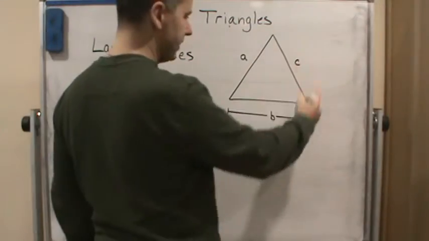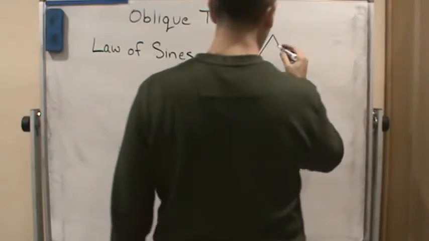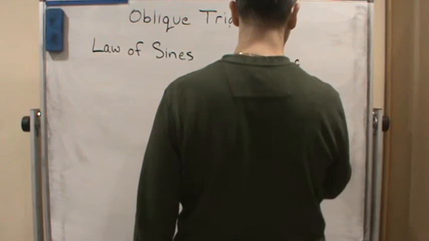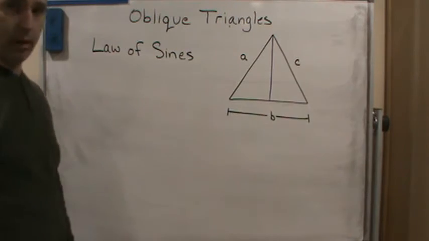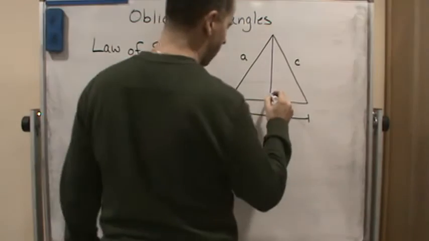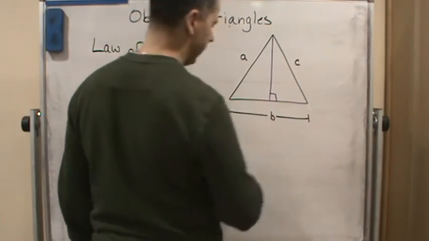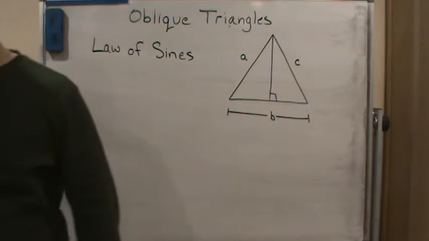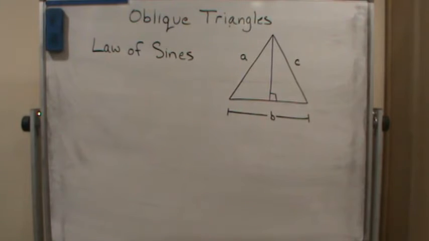Let's take this triangle here and draw an altitude to the base, so a perpendicular.